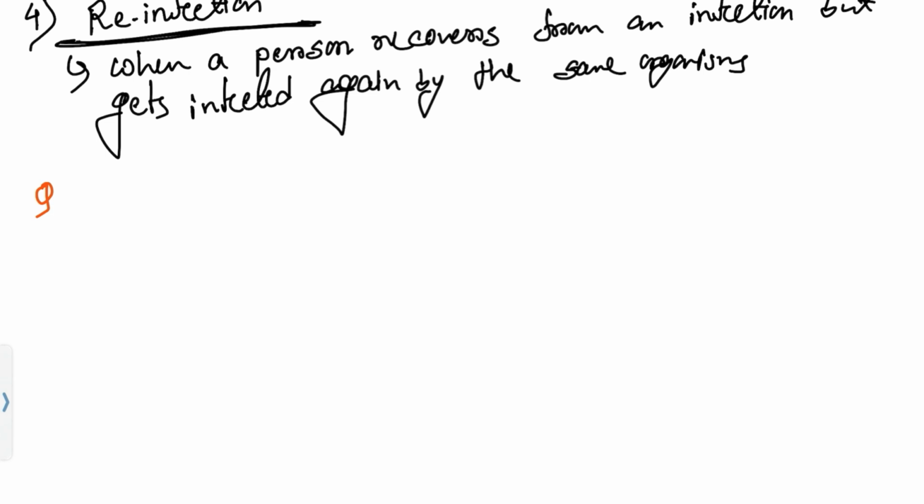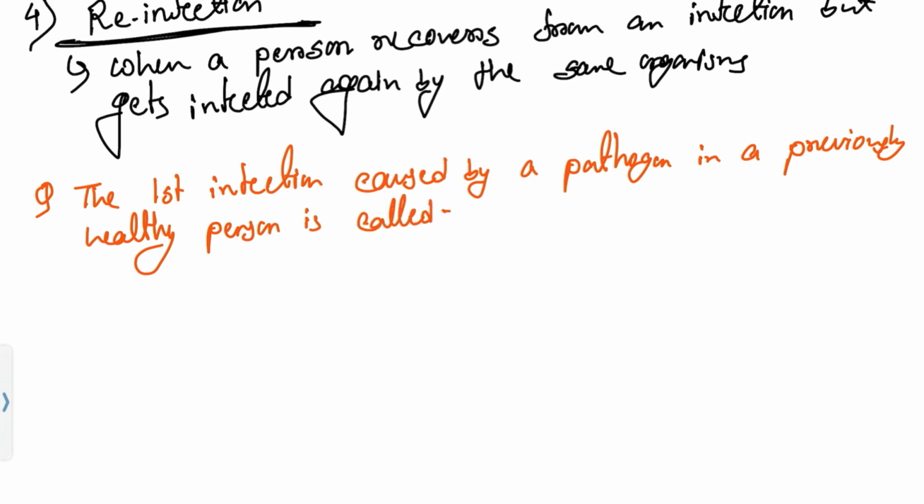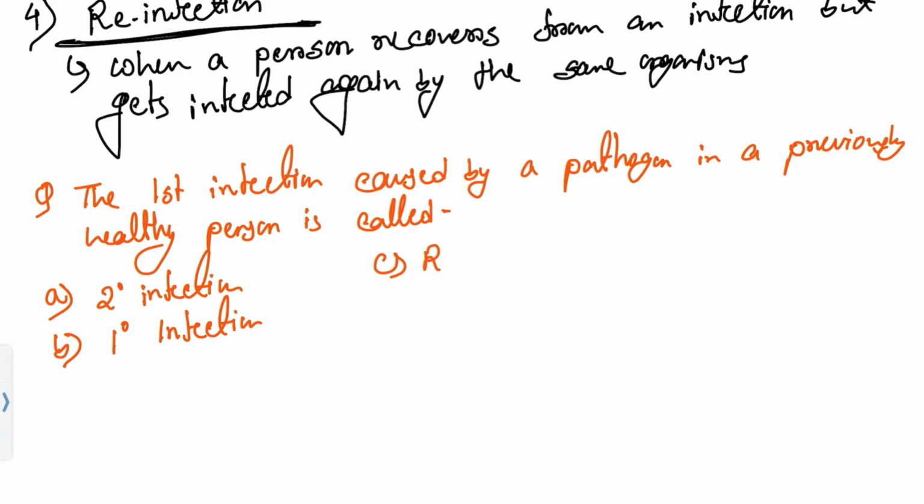So if one MCQ came like: the first infection caused by a pathogen in a previously healthy person is called, and options like secondary infection, primary infection, reinfection and superinfection.